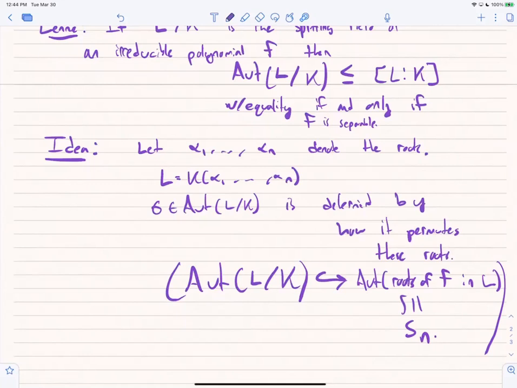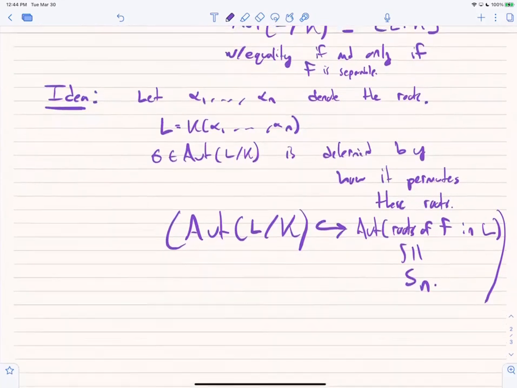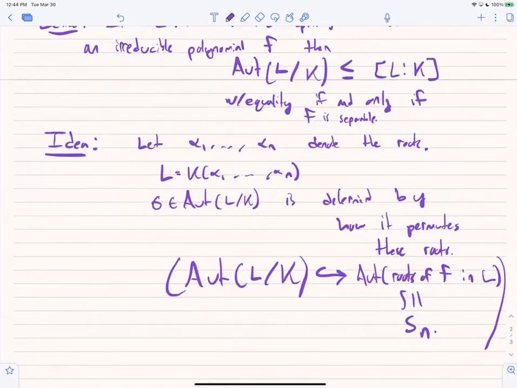And if you want to see some relation between the size of the automorphism group and the degree, what you could do is build up an automorphism one element at a time, just like you can build up this field by adding one thing at a time.